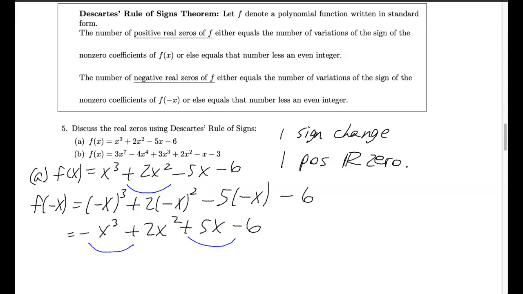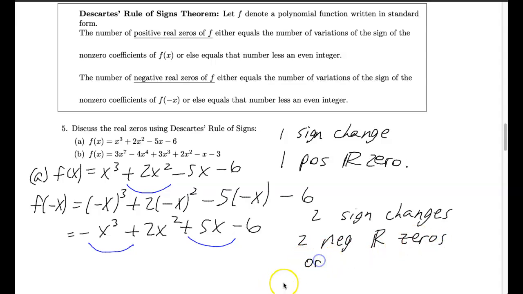So this means you have 2 sign changes, which means we'll have 2 negative real zeros, or 0 negative real zeros.